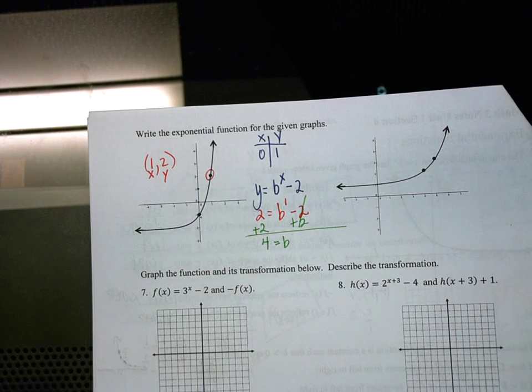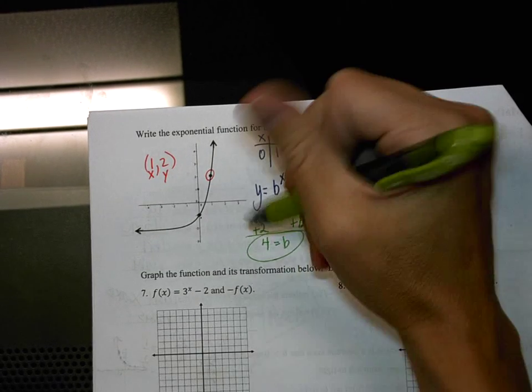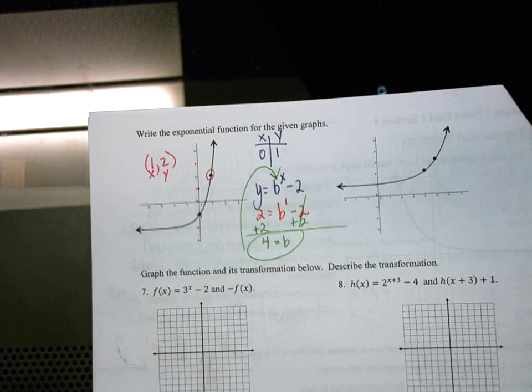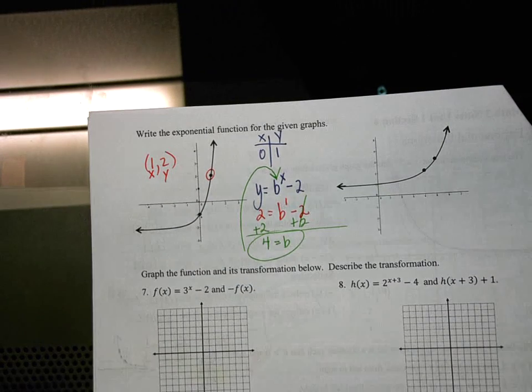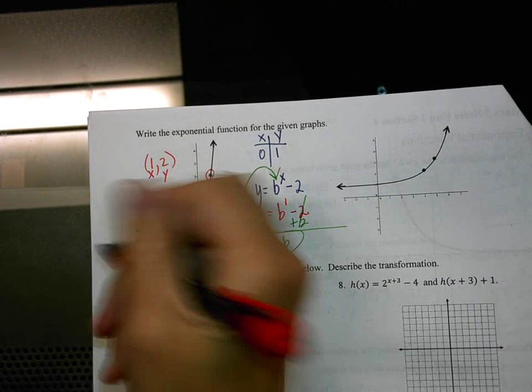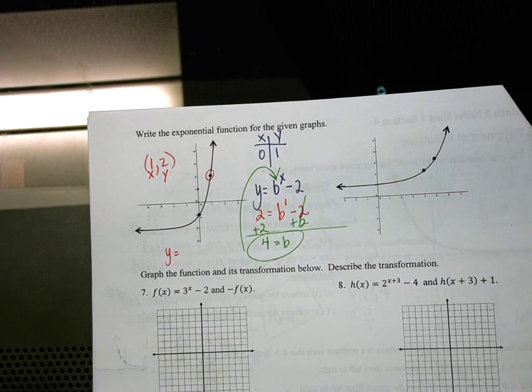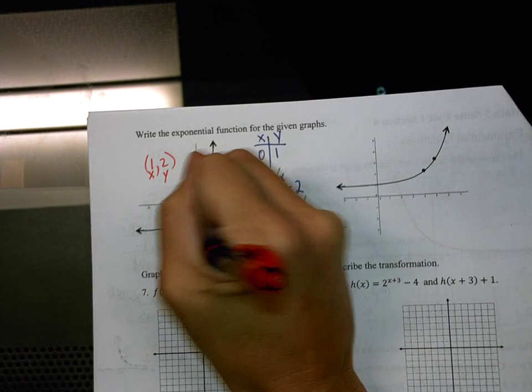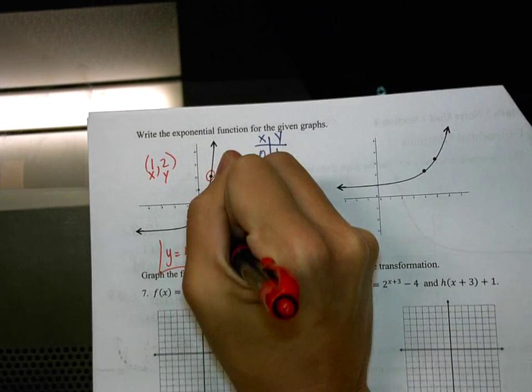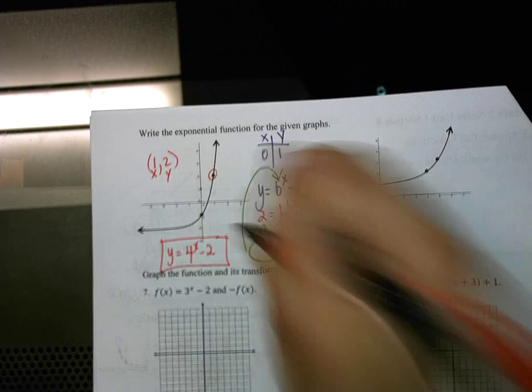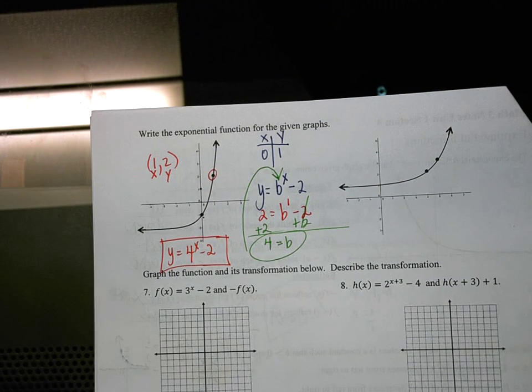And so that means my equation is, I'm just going to take this value, it's the same equation, and plug that in for my base. So that means my equation is y equals what? 4 to the x power minus 2. Good. 4 to the x power minus 2 is correct. Okay?